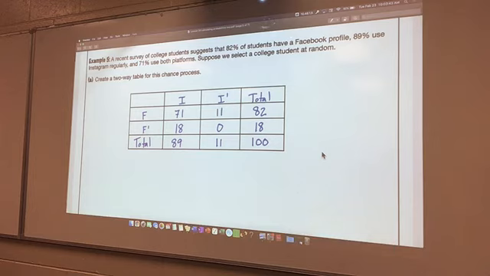By looking at what they have. One circle is going to represent Instagram, one circle is going to represent Facebook, right? So what's in the overlapping piece? 71. Okay, so go ahead and fill that out.